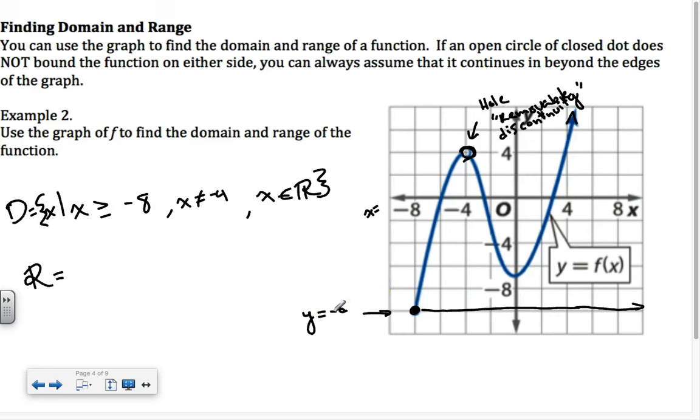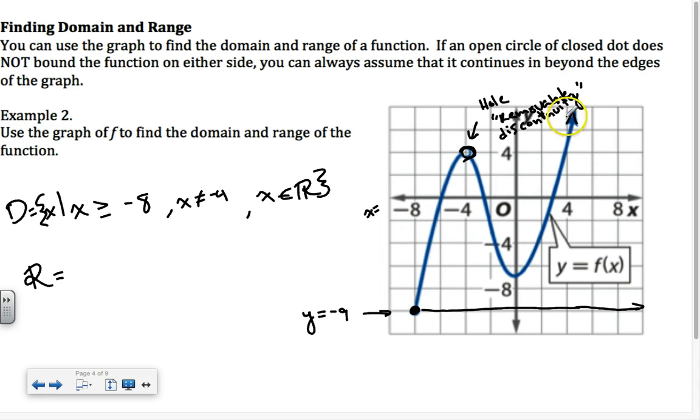If I keep tracing the graph, it does hit a maximum here at this point and a minimum here, but those aren't the lowest points in the graph, and those are called relative maximums and minimums. We'll talk about that later in the unit.